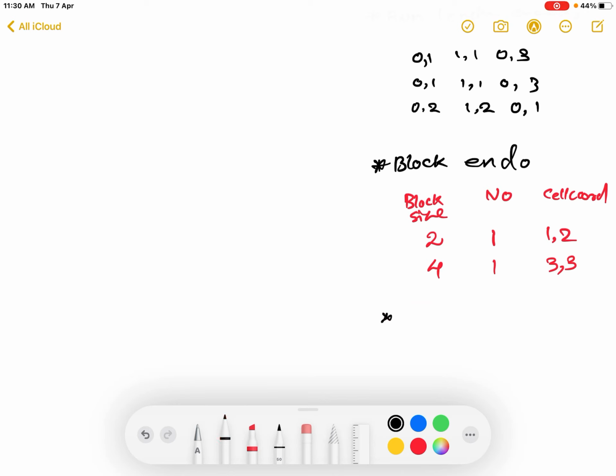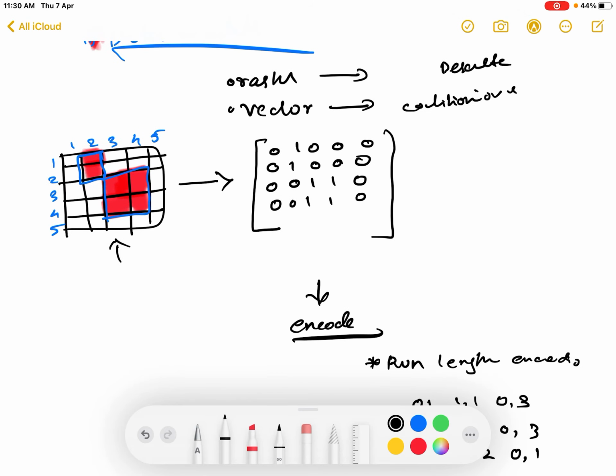Okay, next one is called chain encoding. In chain encoding, what we are doing is that we are showing only the boundary cells. So if this is the grid, then we are showing only the boundary cells.